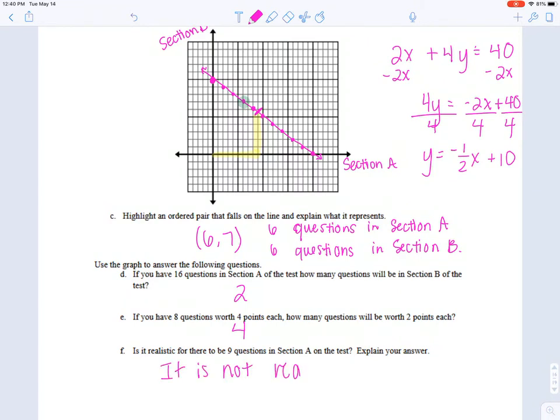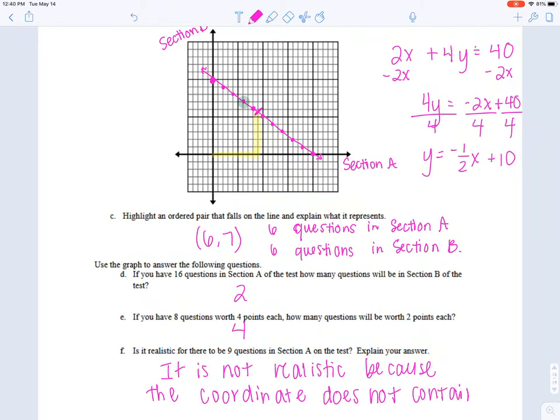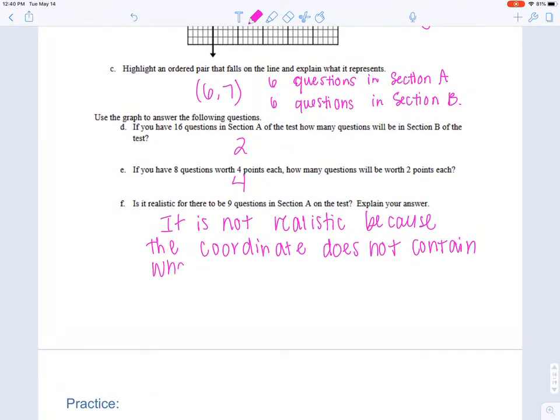So it is not realistic because the coordinate does not contain both whole numbers. And there can't be half a question on the test. A fraction of a question, because we don't necessarily know that it's half.